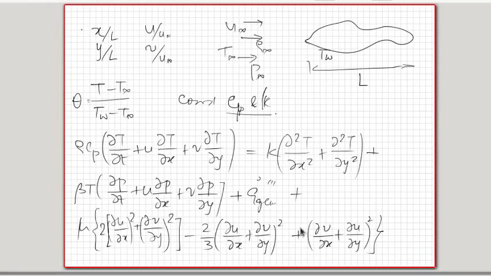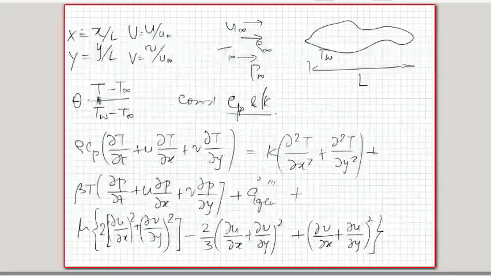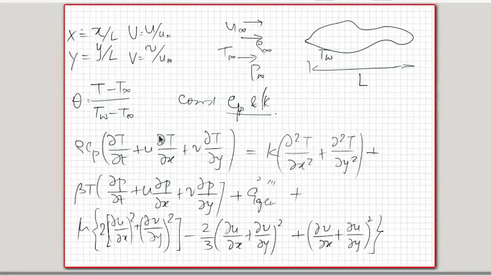So this is your complete form of the energy equation. Now let me try to use these variables: capital X equal to X by L, capital Y equal to Y by L, capital U equal to U by U infinity, capital V equal to V by V infinity, and theta equal to this. Then I'll be able to normalize all of these equations into non-dimensional forms.